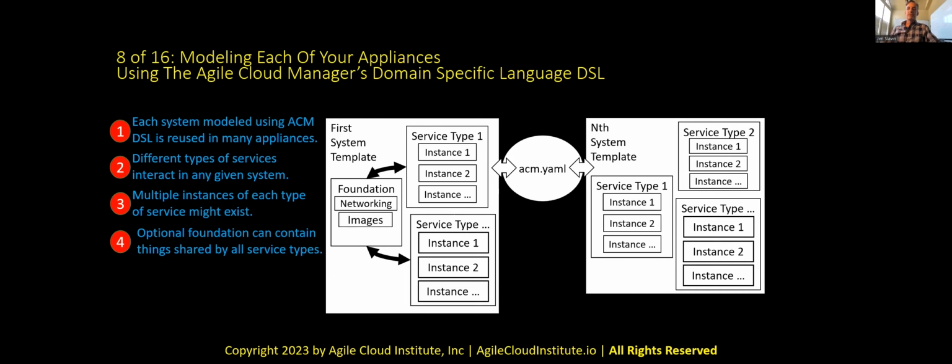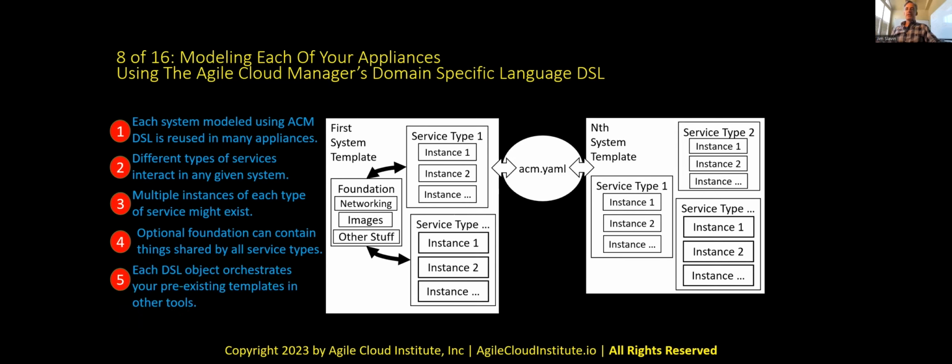You also might want to define image templates for different virtual machines and containers, different types of compute instances that are being reused in the different types of services. And you might want those image definitions to be defined inside a shared foundation. And there might be other things that you might want to put inside a shared foundation at your discretion.